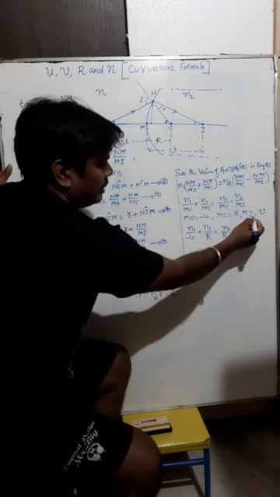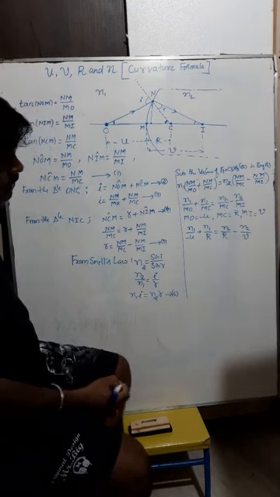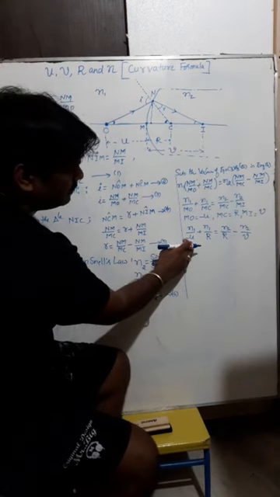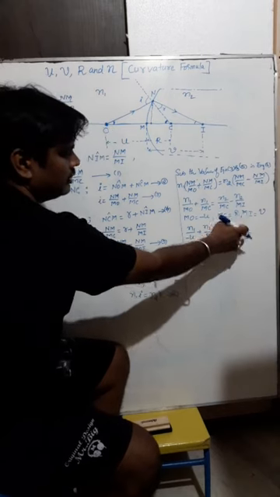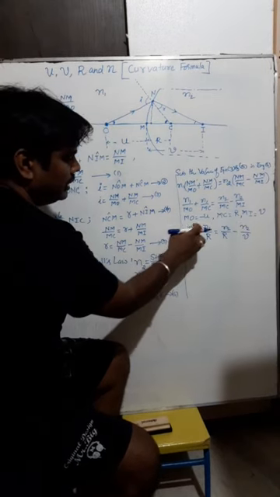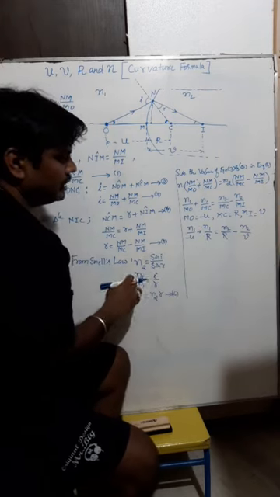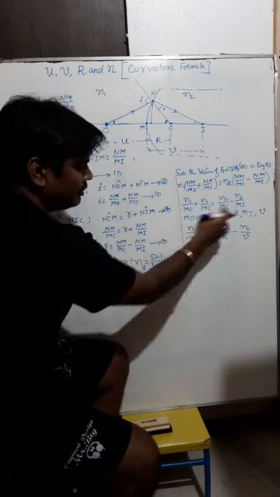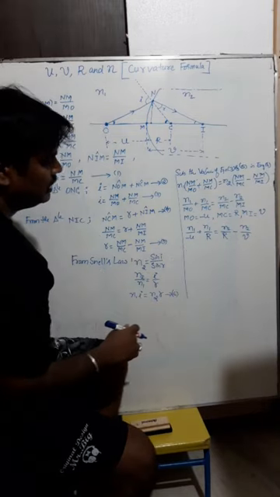What is Mi? Mi is image distance V, which is also positive. Now just interchange the position of N2 by V from right hand side to left hand side, and N1 by R from left hand side to right hand side, by changing their sign value. Plus will become minus, and minus will become plus, by transferring from left to right and right to left.